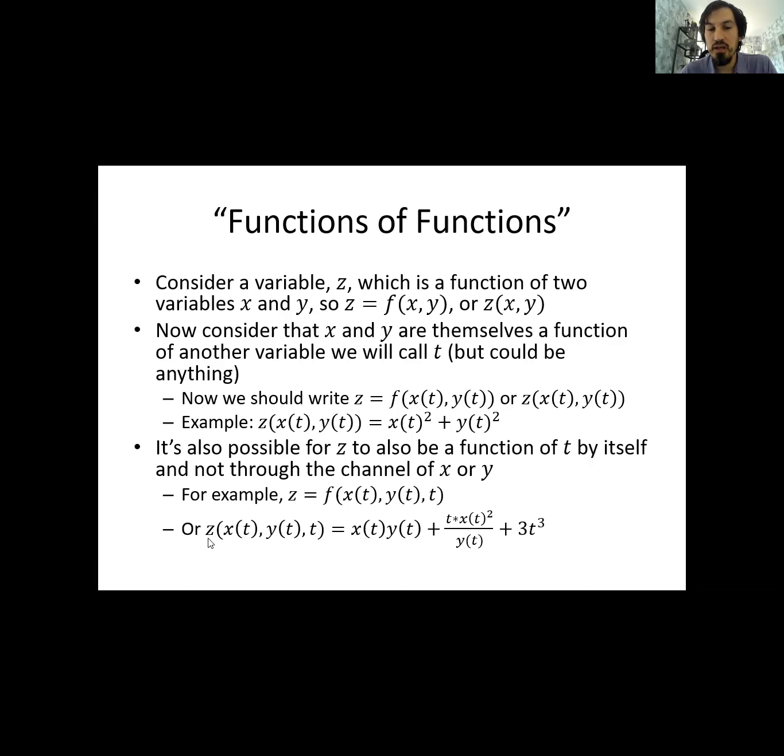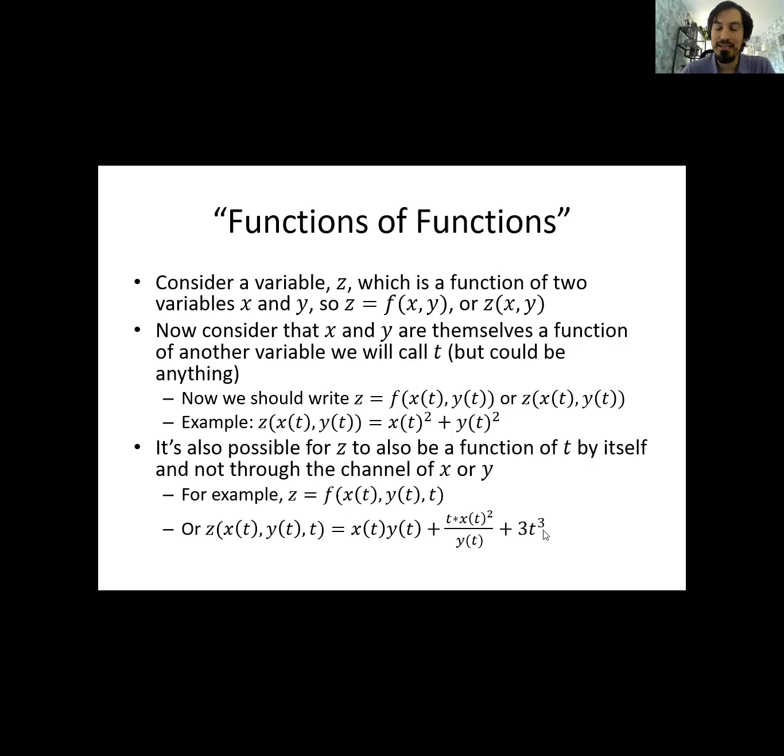If I actually want to consider how z changes as t changes, the instantaneous rate of change of z with respect to t, it would be wrong for me to only consider the direct effect of t on z. If I took the derivative with respect to t and ignored the other terms, from this term I get x squared over y, and from this term, what's the derivative of 3t cubed?